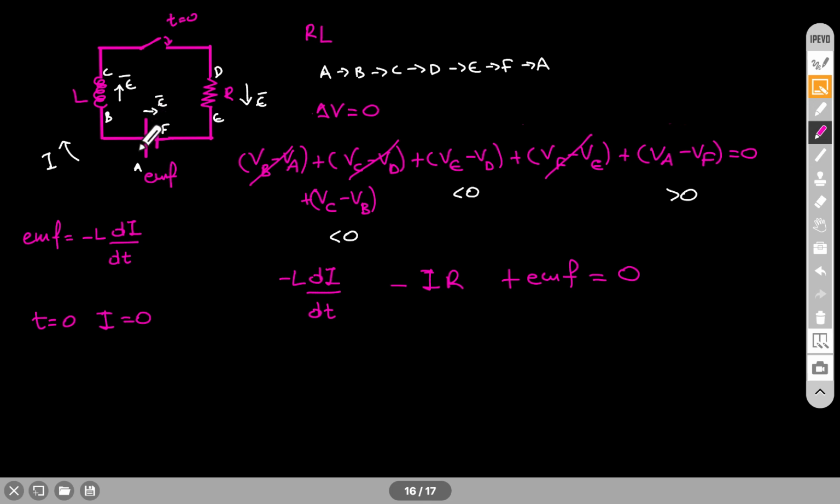Anyway, if you remove the power source, then the change that you want to make in that case is you want to decrease the current and make it go down to 0.